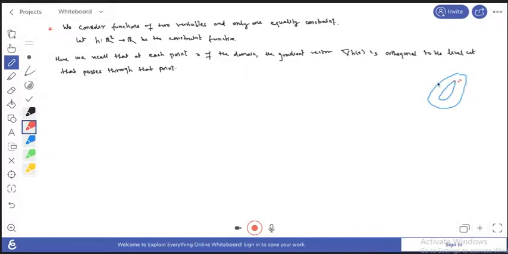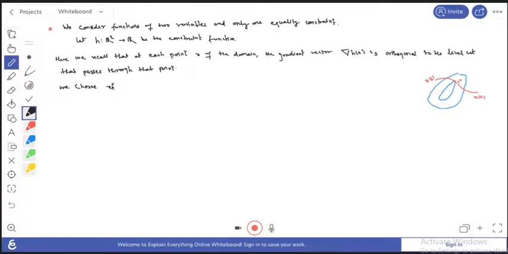If we take a curve like that, suppose this curve goes from x of a to x of b, and we try to parameterize that curve.